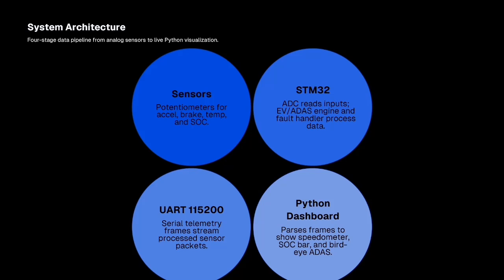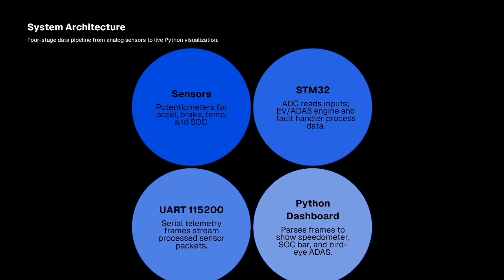The system architecture of our project includes mainly 4 stages: the sensors, the STM32, the UART 115200 baud rate protocol, and the Python dashboard. First, the analog sensors. Here we use potentiometers for generating the values of the acceleration, brake, temperature, and SOC.